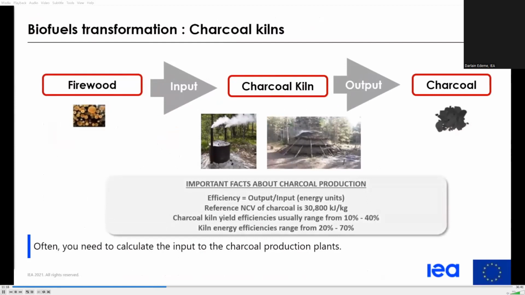The efficiency of the charcoal kiln varies quite a lot from 10 to 40% depending on the technology used, and in sub-Saharan Africa this is often very low. To produce 1 kilo of charcoal, you need a lot of wood, and in energy units the efficiency can be as low as 20%.